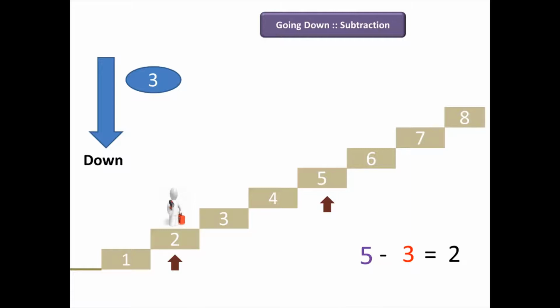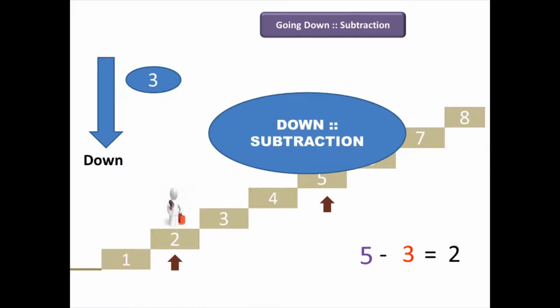So we'll write 5 minus 3, minus because he has come down. Okay, so 5 minus 3 equals to 2. So we'll understand one more time that whenever we go down, we do subtraction.